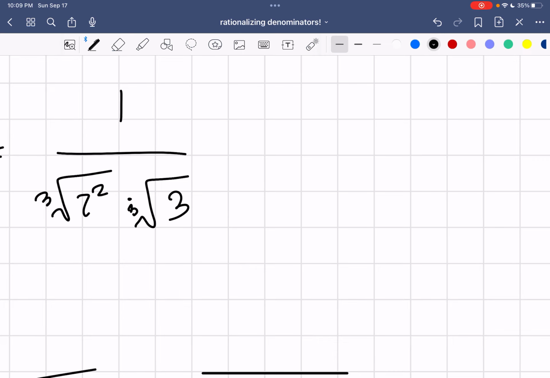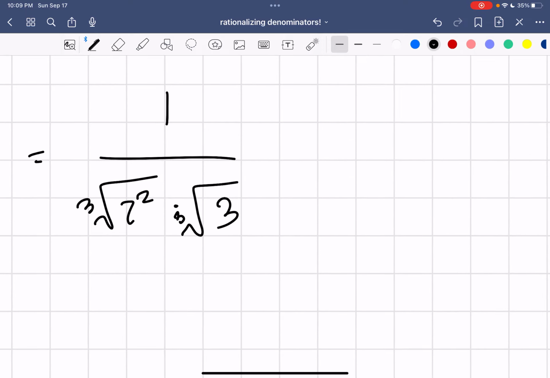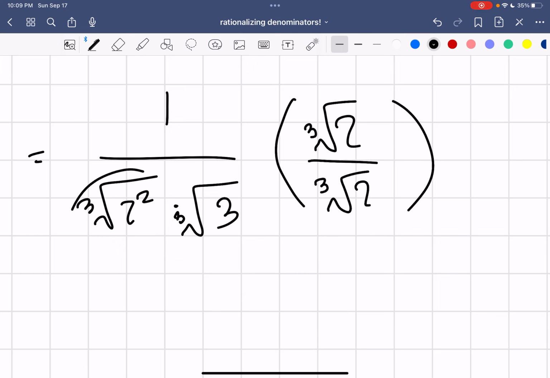I don't get it. Wait, let me try it out the textbook way, and then I'll try it out the other way. So you multiply by the cube root of 2, to get rid of this.